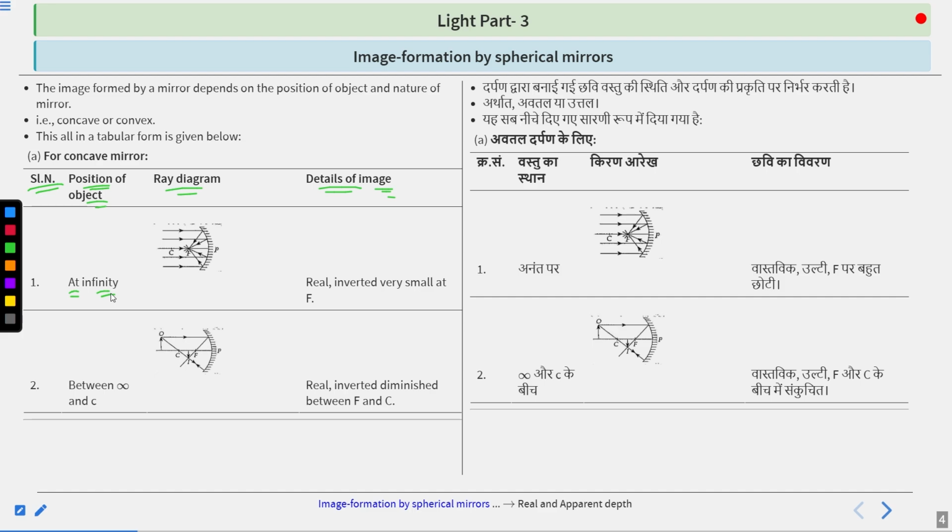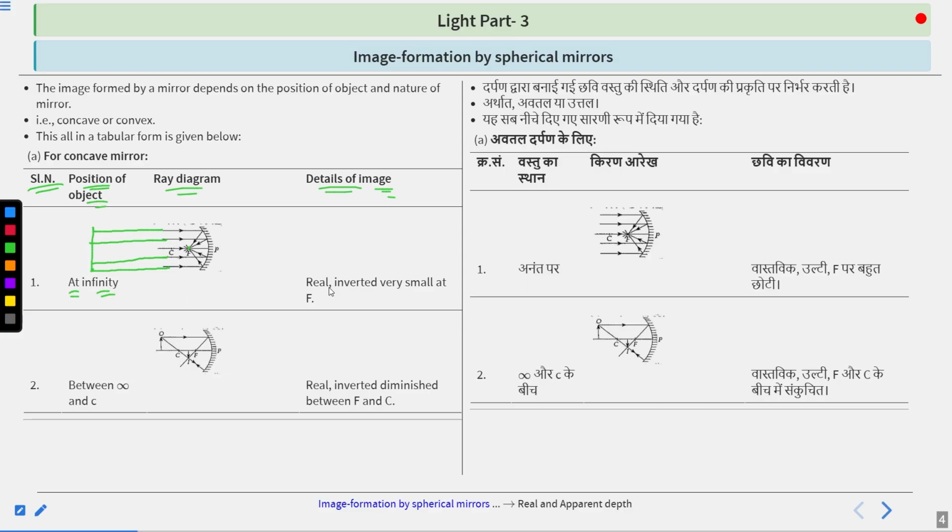The object is at infinity. So when the object is at infinity, this will be the ray diagram. Suppose the object is here, then the rays are coming like this, and they converge at the focus F.